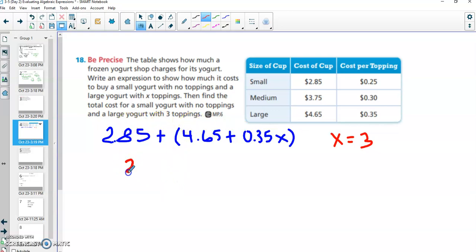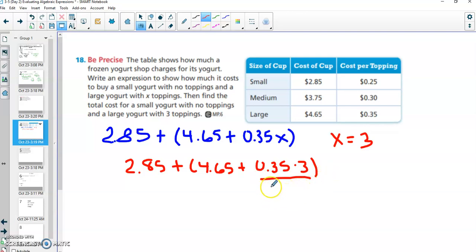So 2.85 for a small plus 4.65 plus 35 times 3. So we're going to start here, 35 times 3.